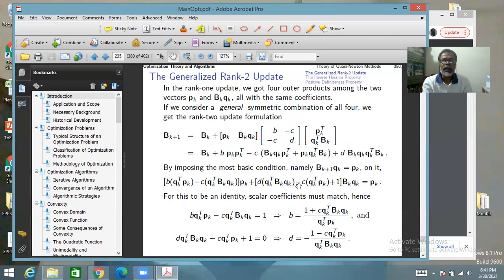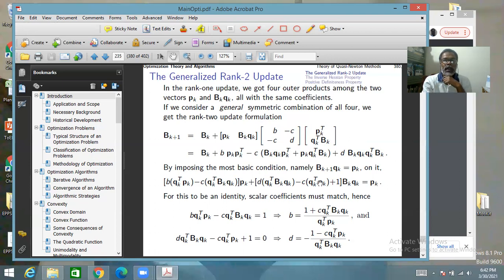And from here the vector will be pk, with scalar coefficient minus c qk transpose Bk qk. And here, as you multiply this with qk, qk transpose Bk qk with d will appear as the scalar coefficient, and the vector is Bk qk. And this product will be equal to pk, as we wanted.